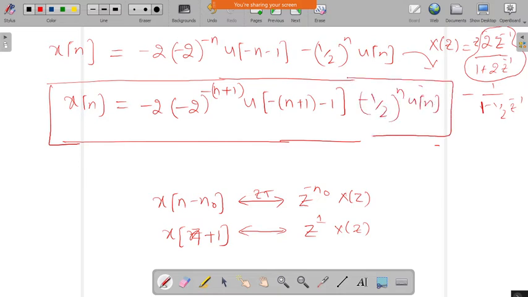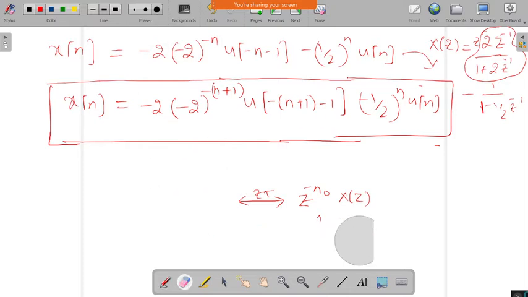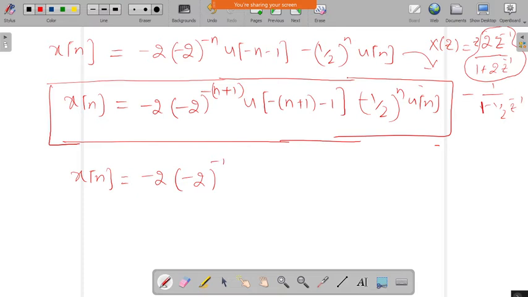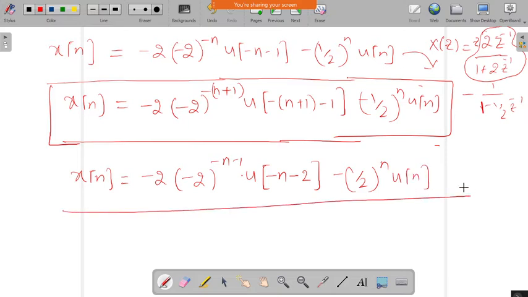Now if you write the resultant for this, x of n is equal to minus 2 power minus n minus 1 into u of minus n minus 1, and minus, if you add this one, minus 2. So this is the resultant. Got it? Understood or any doubt still? No, sir, understood. Okay, so this is the result of yesterday's problem.